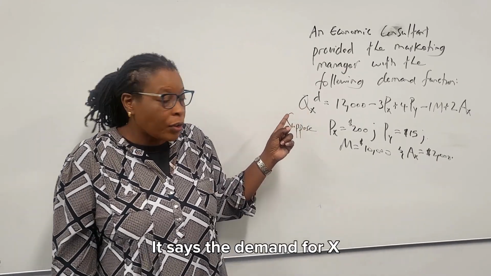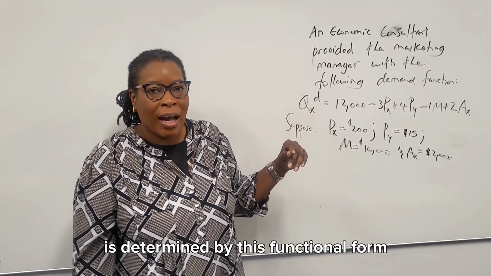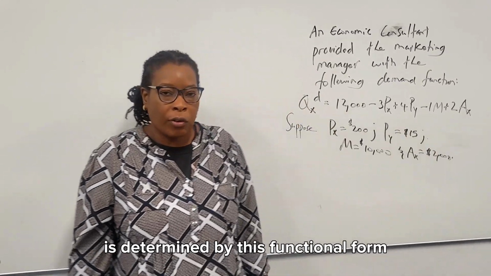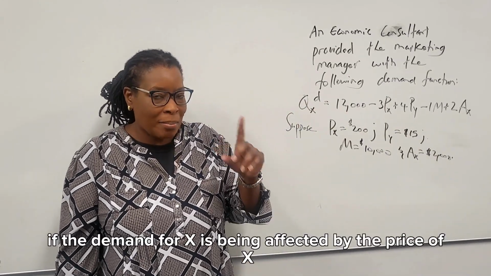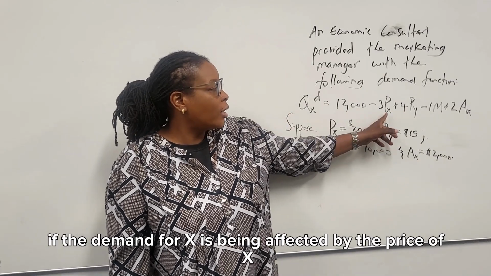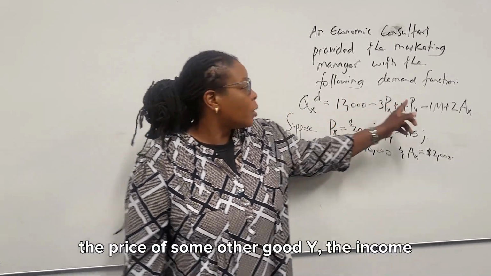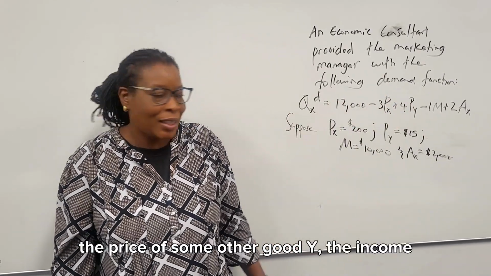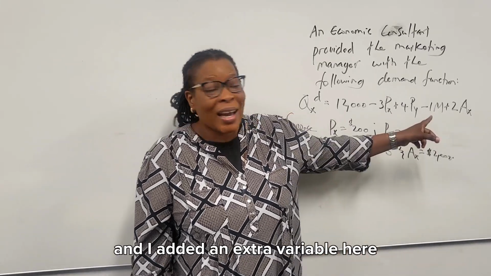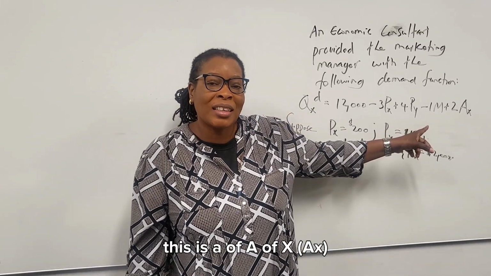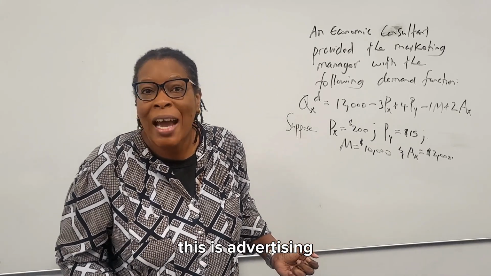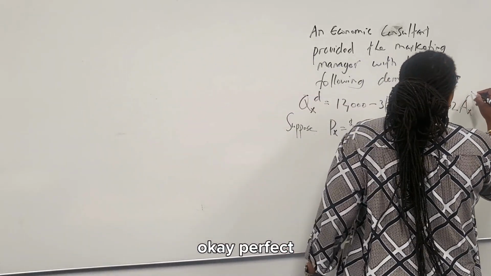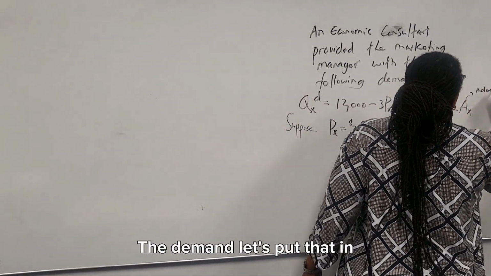It says the demand for X is determined by this functional form. The demand for X is being affected by the price of X, the price of some other good Y, the income, and I added an extra variable here. This is A of X, this is advertising. That affects the demand.